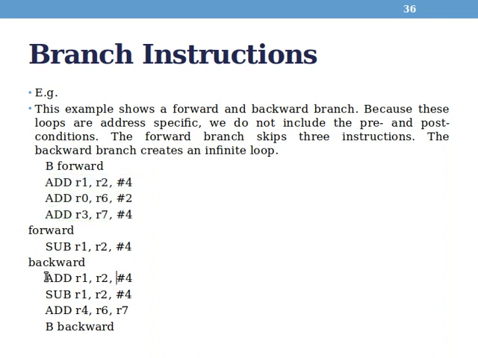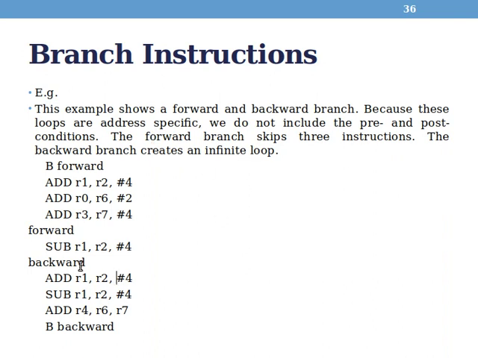The backward jump here is B backward, which is used as a loop. The forward jump is used to skip certain instructions, and the backward one is for looping. You can see the forward branch skips three instructions, whereas the backward branch creates an infinite loop.